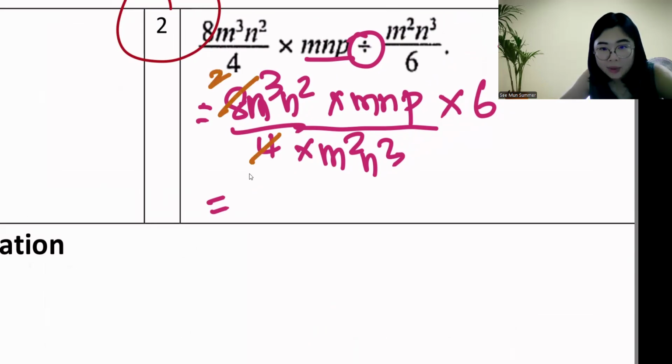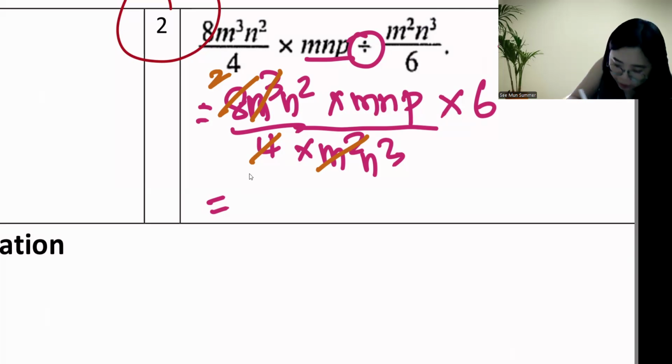And then we have m squared. m squared means you have two m's, m times m. And upper, do we have m? We have m, right? So I think I can cancel this. We got 3m on top, lower 2m, 3m on top. And then I'm left with only 1m.